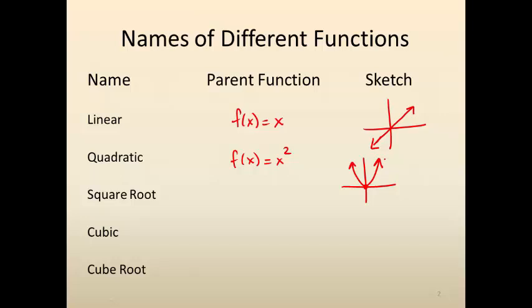The square root function actually looks kind of like half of our quadratic, because remember, if quadratic is squaring something, square root should be related. So this is what our square root function looks like as an equation. It is simply the square root of x. Now, in a square root function, we're only using real numbers.